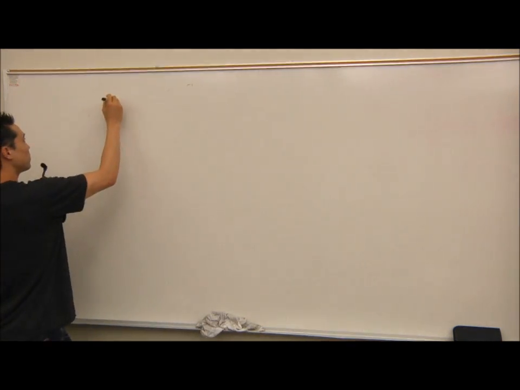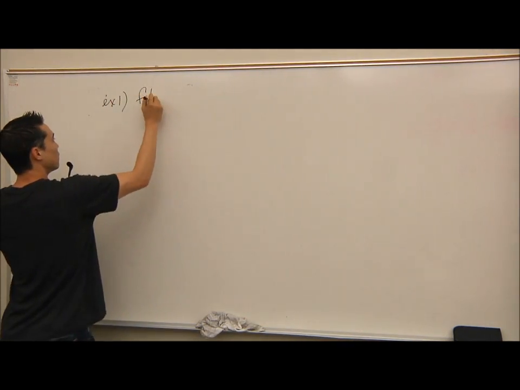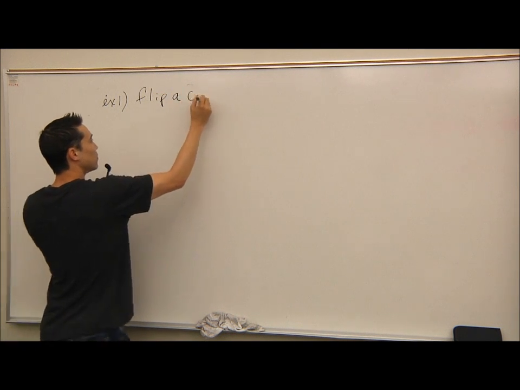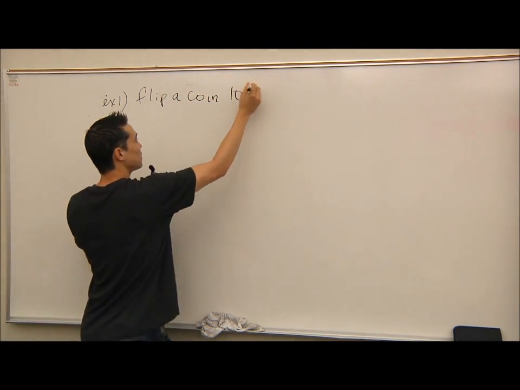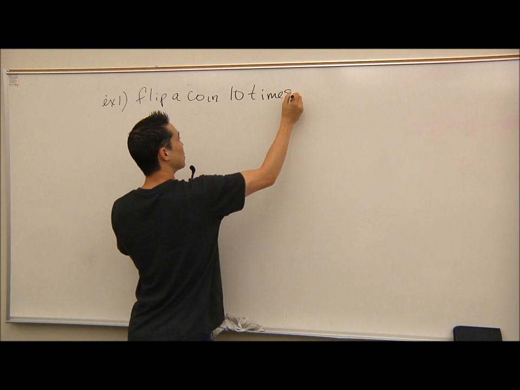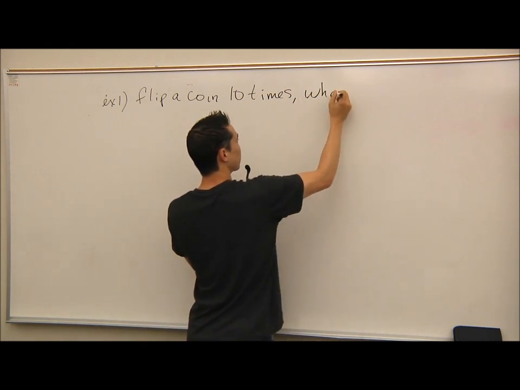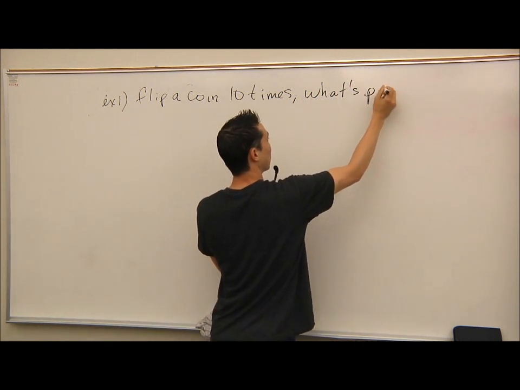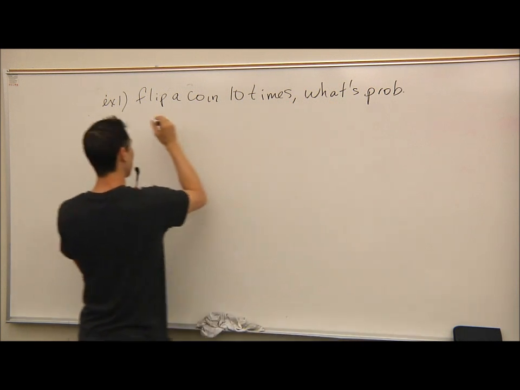So here we go. Example 1. Flip a coin 10 times. What's the probability of exactly 3 heads?